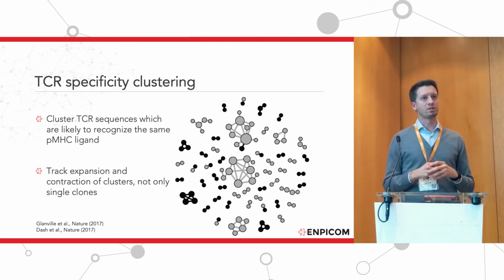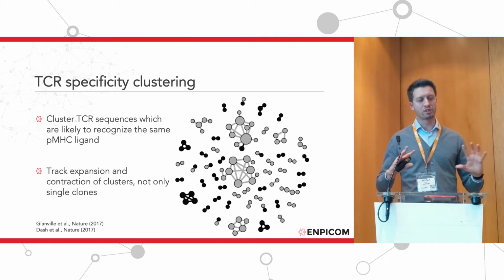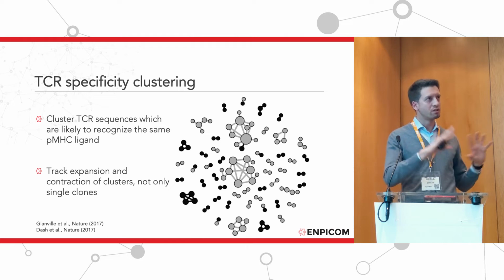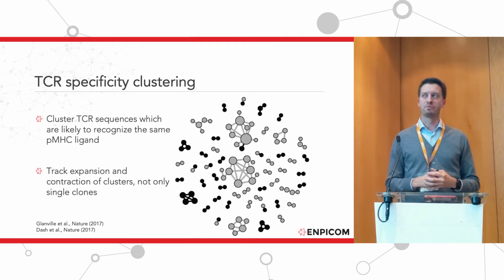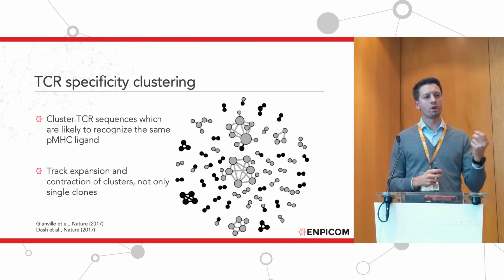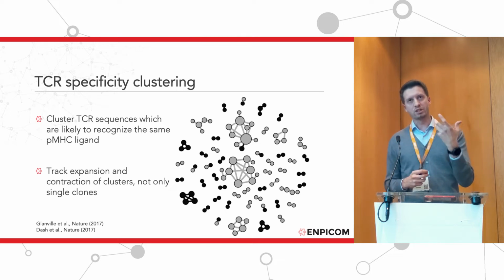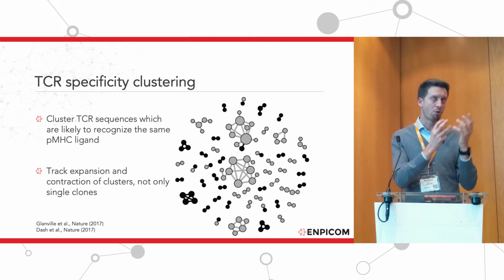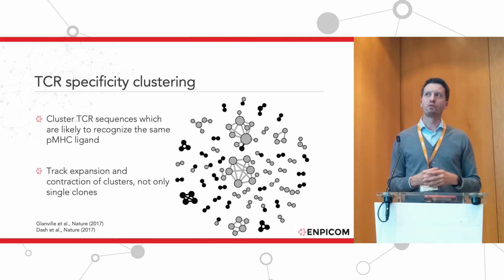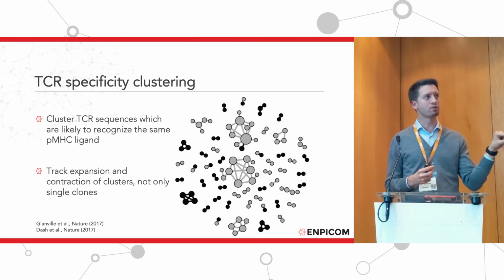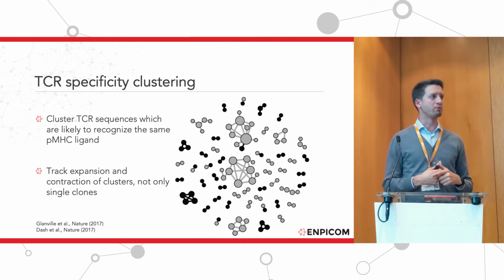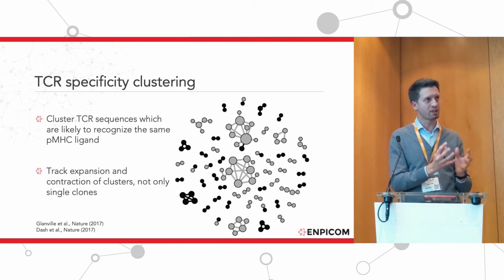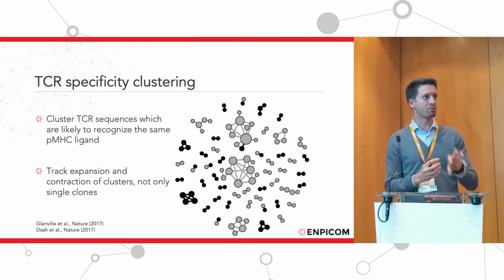You can imagine repertoire sequencing gives you hundreds of thousands of different clones or different receptors in your data. Therefore, there is a question of which clones recognize which antigen, or which pMHC peptide complex. We cannot answer from the sequence of the TCR what the specific antigen would be, but what is possible to answer is which set of TCRs present in the data have the same specificity.